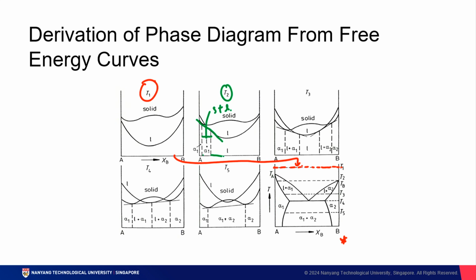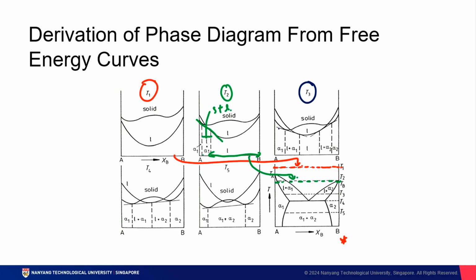And here, as we move along, the liquid phase has a lower Gibbs free energy than the solid phase, and it is hence a liquid. This entire line can be translated here. At T3, things get a little bit more interesting.